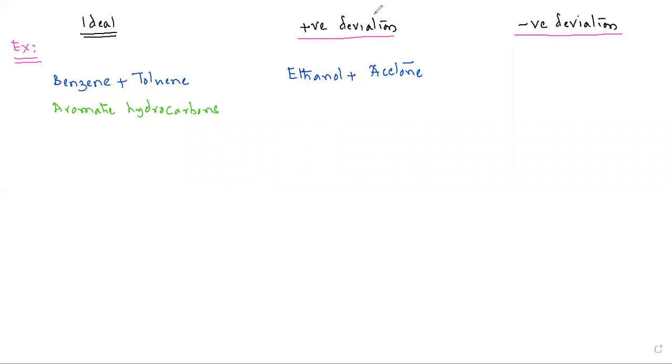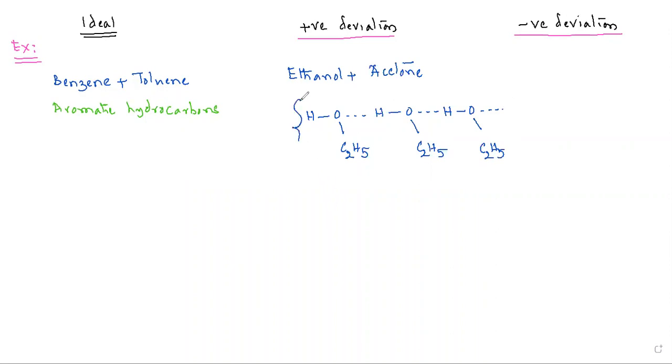See, if you observe ethanol, you will have hydrogen bonds between the ethanol molecules, right?